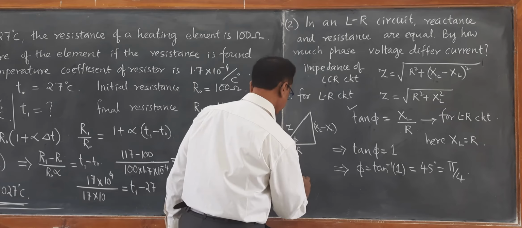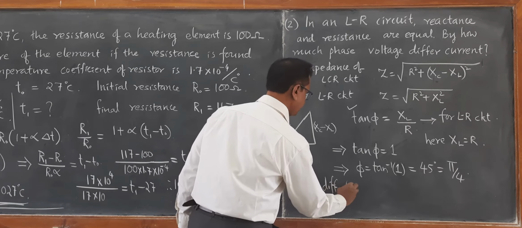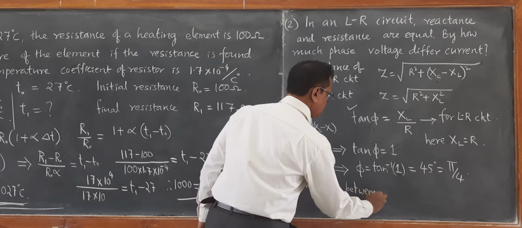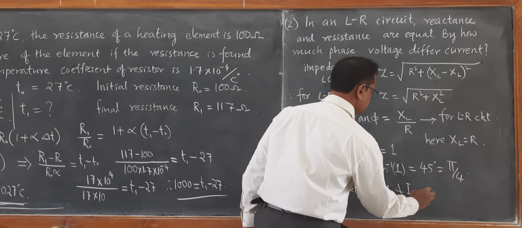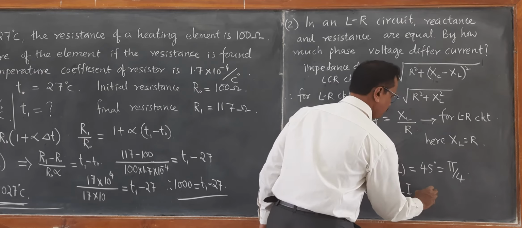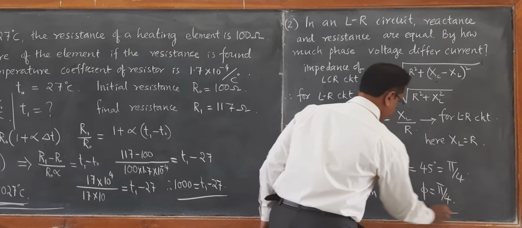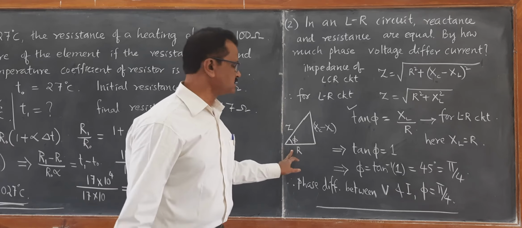Therefore, the phase difference between voltage and current in this given problem, phi is equal to pi by 4. So the problem is simple. You must remember this impedance diagram.